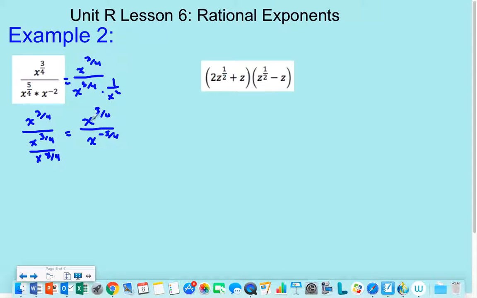And again, I have exponents with the same base, that's x.